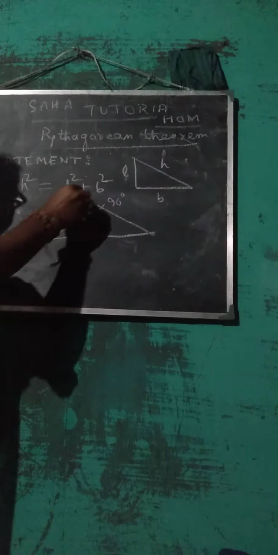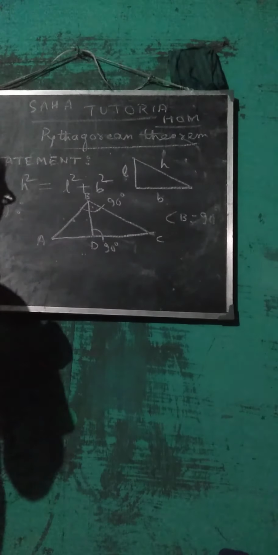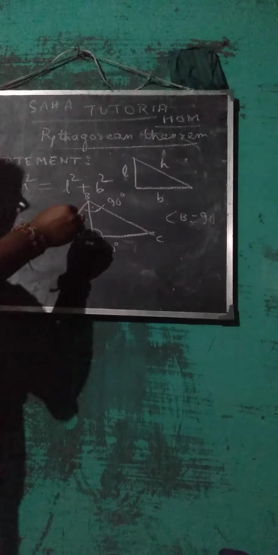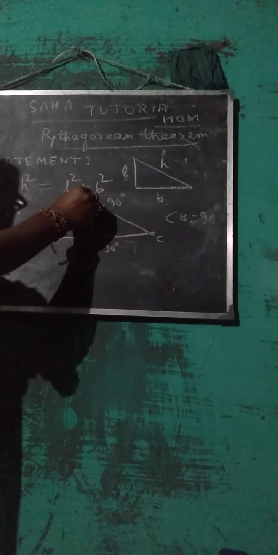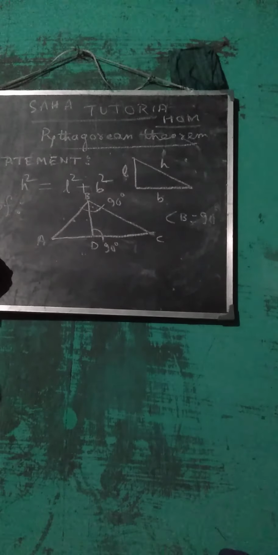Further, to prove this, we take a perpendicular from B to AC. This is BD. Here again we get 90 degree angles on both sides. So by the similar triangles rule, we can prove that triangle ADB and triangle ABC are similar triangles.